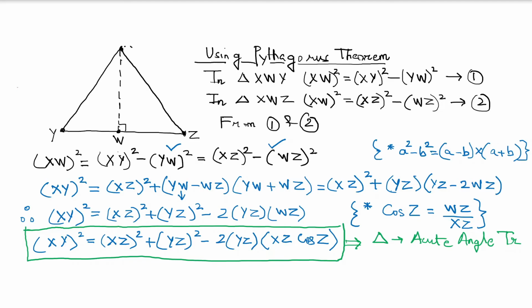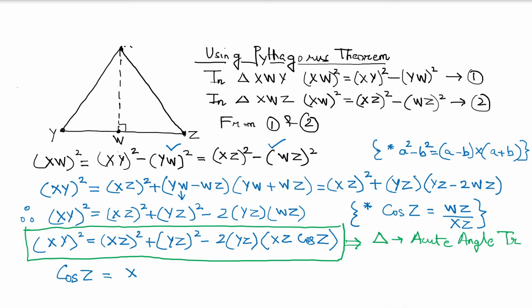Taking this discussion to its final stage, from here now I can say cos Z will be equal to XY whole square, okay. So let me take that on the other hand side.